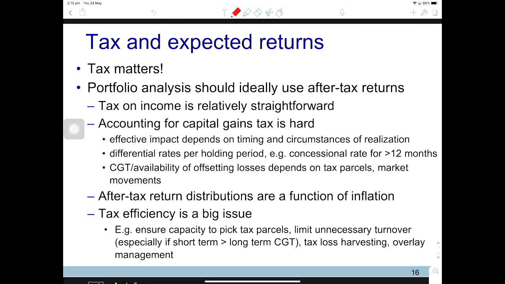After last weekend's election, at least we have certainty that negative gearing is not going to be scrapped for investors, especially property investors. So the accounting and calculation of capital gains tax is particularly tricky for investors. Usually this is not considered when we do the strategic asset allocation, but it has to be evaluated when you consider implementing the asset allocation advice.